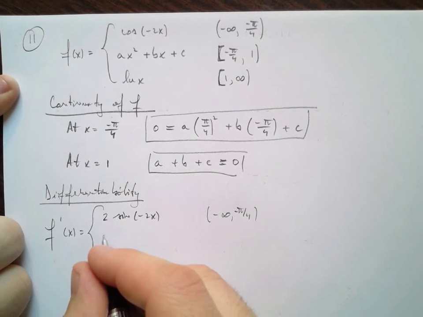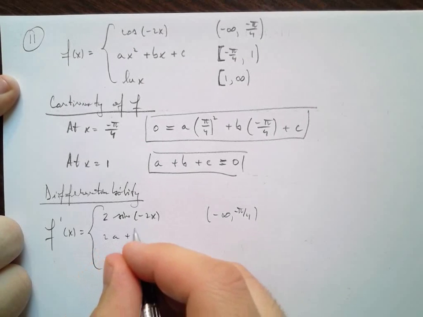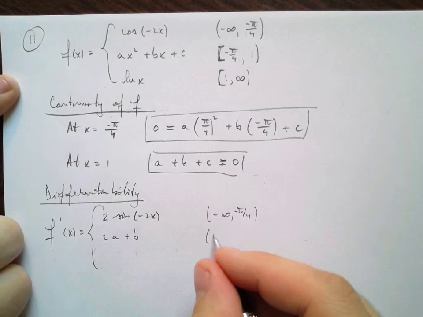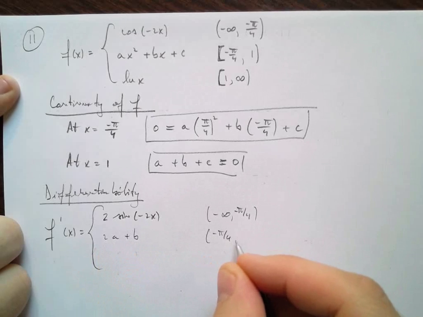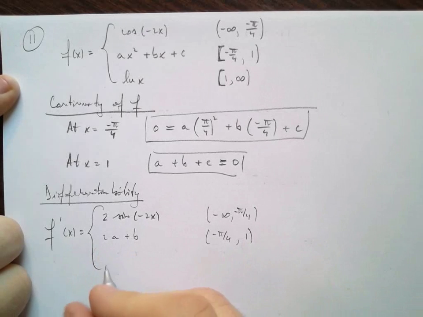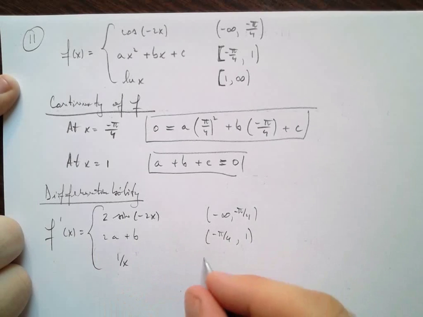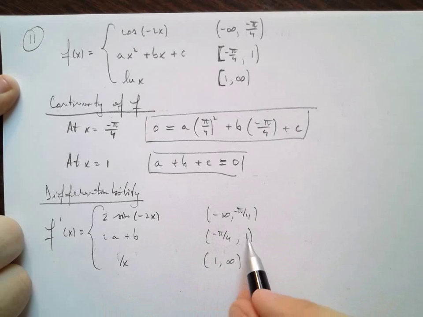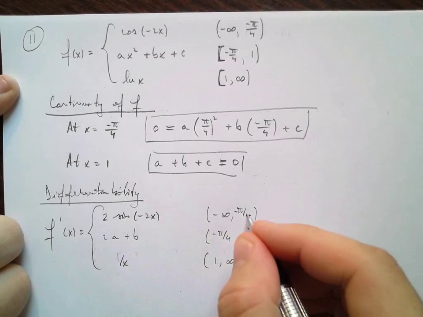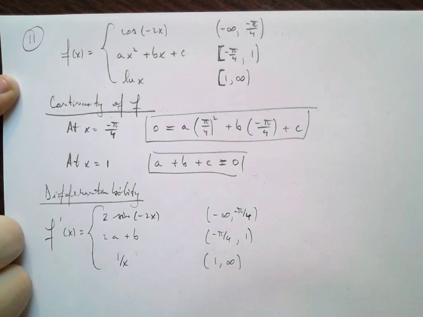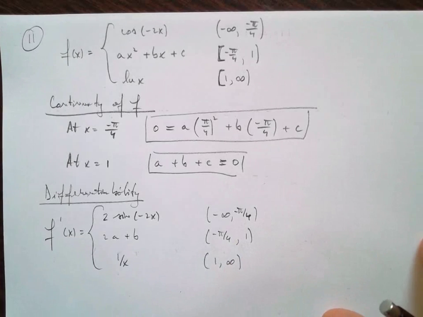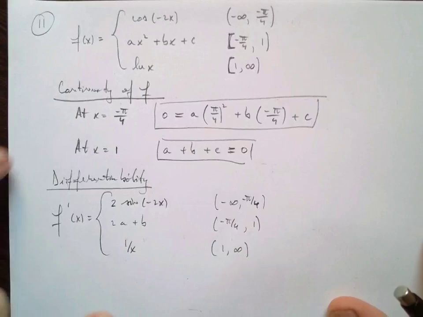Then for the second part, I have 2a plus b on the interval minus pi over 4 to 1. And lastly, I have 1 over x on the interval 1 to infinity. And again, I make these open intervals because I haven't established differentiability at the jump points yet. We'll do that in a second.